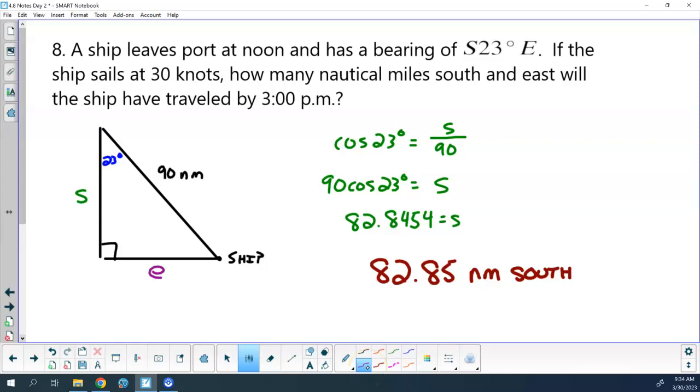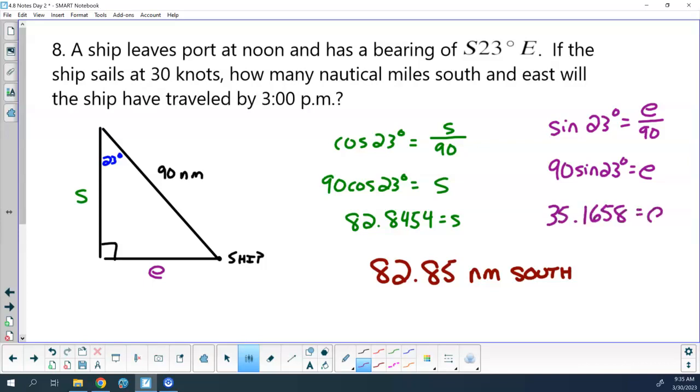Then we went purple. That's going to be sine. Agree? Yeah?